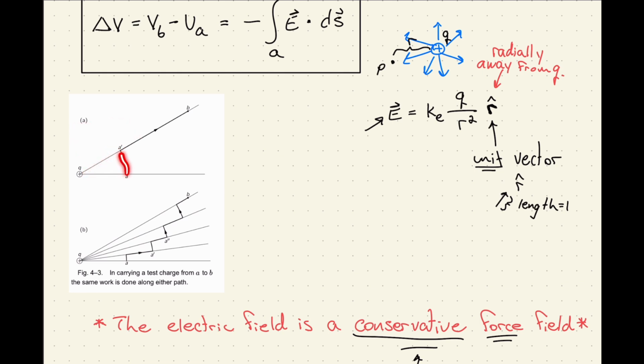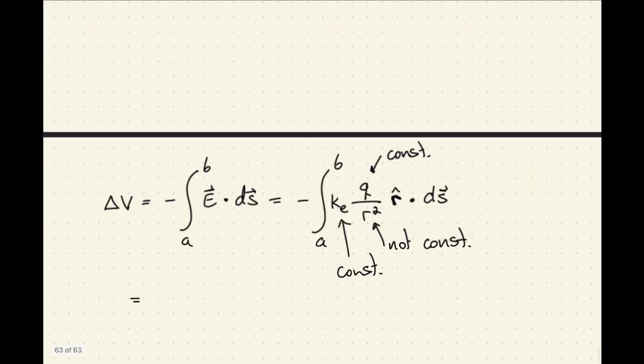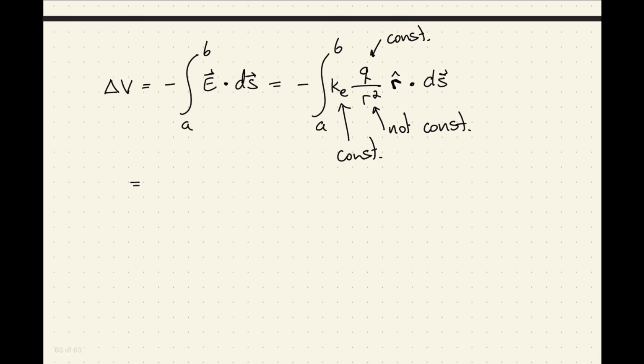But once we go from here all the way to here, then we are changing R. Here, R is equal to A, and then over here, R is equal to B, and these two are not equal. So R is not a constant. So all of that was to basically tell you guys that we can pull out Ke and we can pull out Q from the integral, okay?